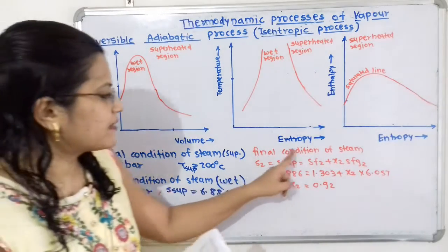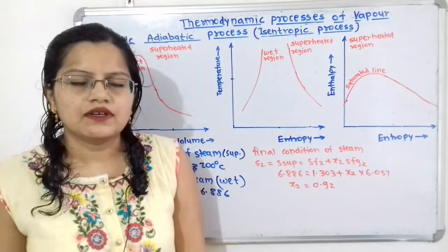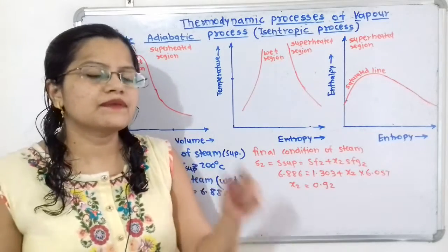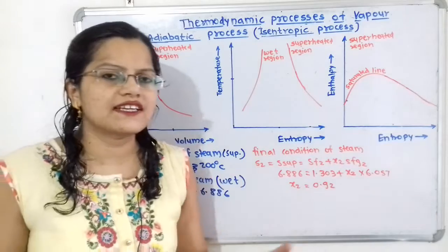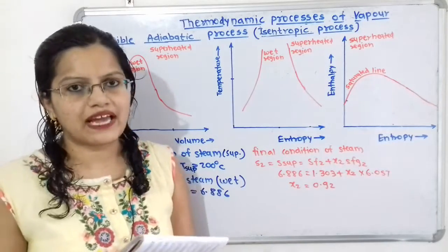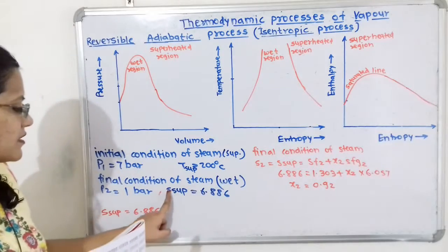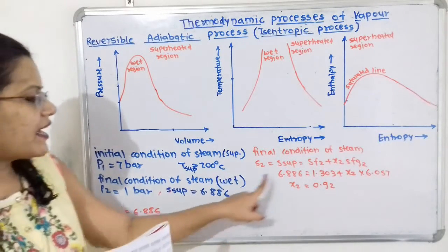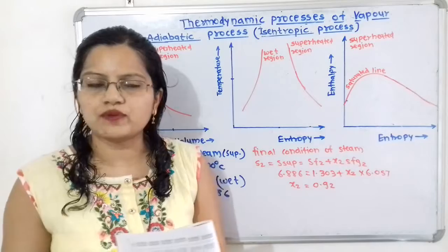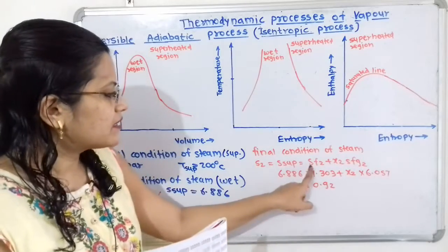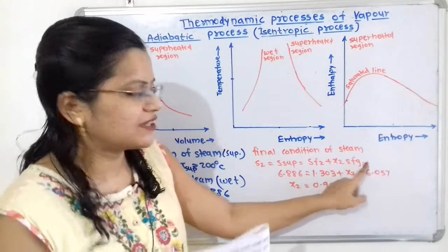Now what is the final condition of steam? For the wet steam, we have to calculate the dryness fraction. So how to calculate the dryness fraction? This S2 is nothing but S superheated, and for wet steam the formula to calculate the entropy is Sf2 plus x2 Sfg2.